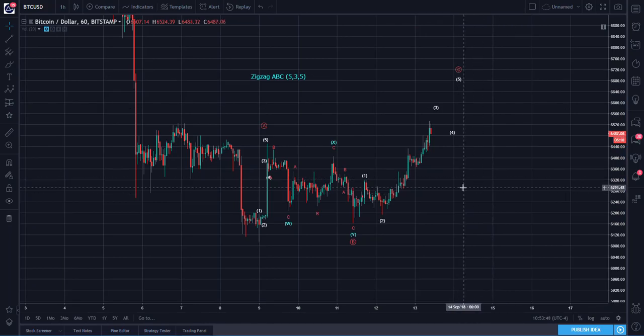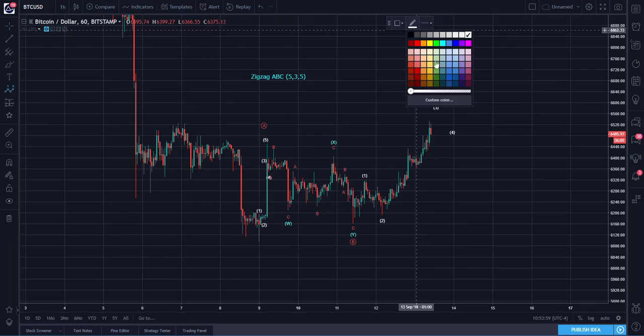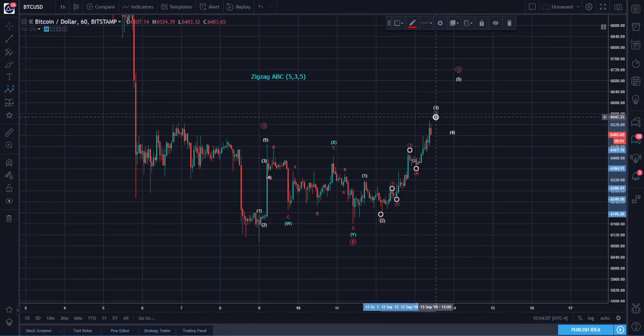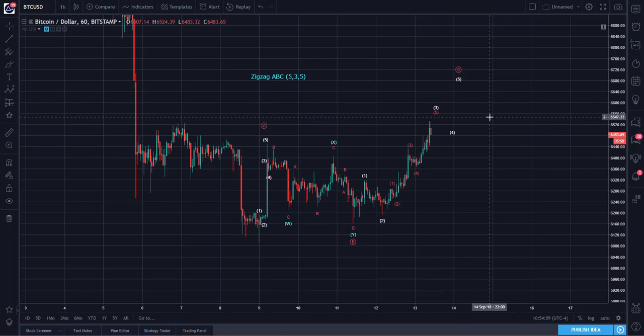And this means that we have 1, 2, and then the subwaves of 1 will be 1, 2, 3, 4, 5. Okay, and then we'll have probably a bit of a correction and rise to 67, 6600-ish.